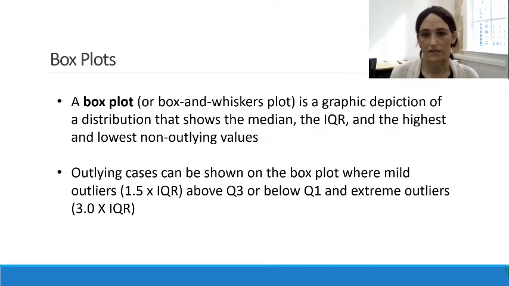And outlying cases can be shown where you have mild outliers, which are 1.5 times the value of quartile 3, or 1.5 times the value of quartile 1, or in the case of extreme outliers, it'd be 3 times the quartile 3 value, or 3 times outside the quartile 1 box.